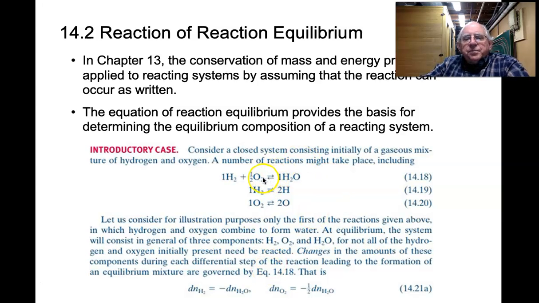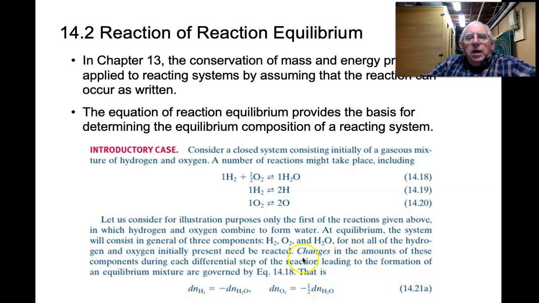Likewise, we can also say that for every mole of water that disappears, half a mole of oxygen is going to show up. And so we can write that with this particular form of the change in the number of moles between oxygen, O2, and water.